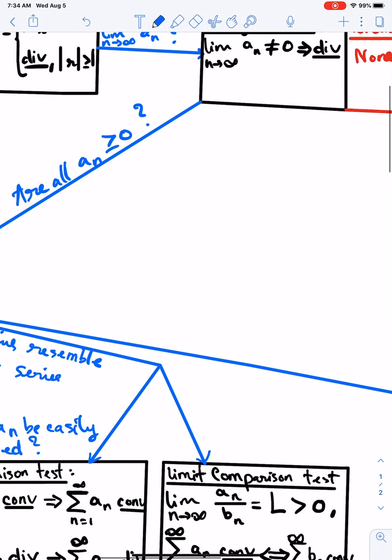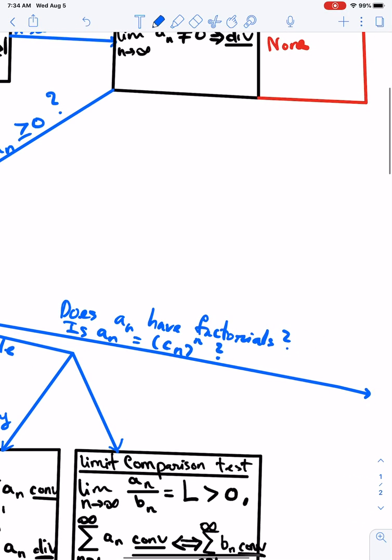So let me put the question here. Does a_n have factorials? Something like factorial, right? Is a_n in the form of some sequence raised to the power n? Okay.